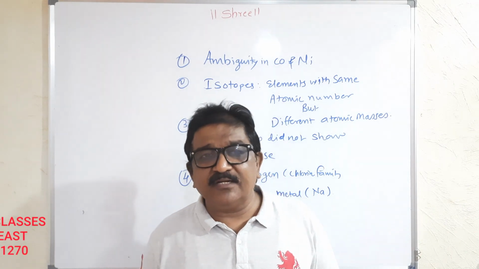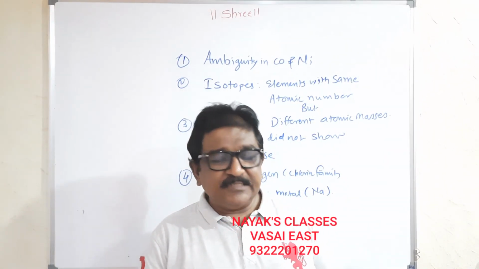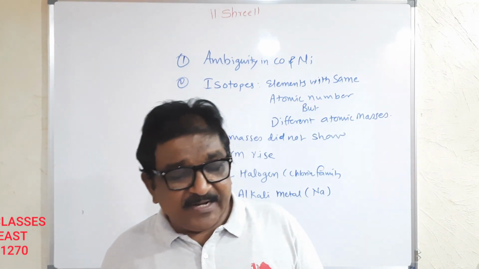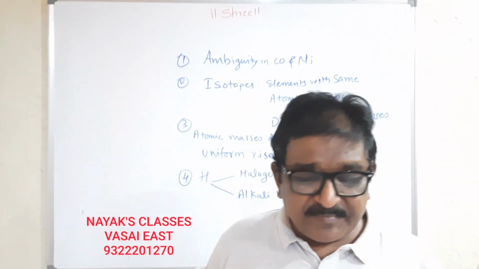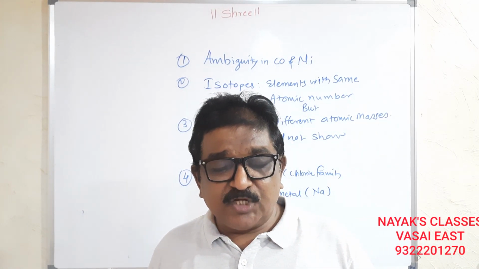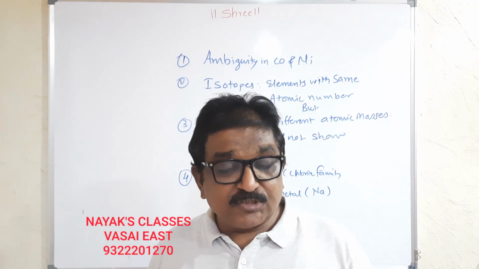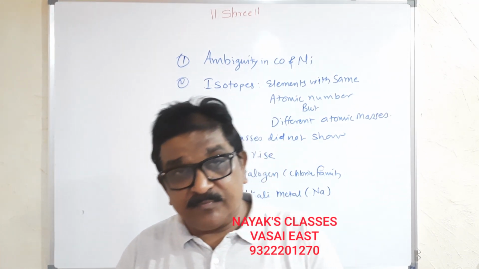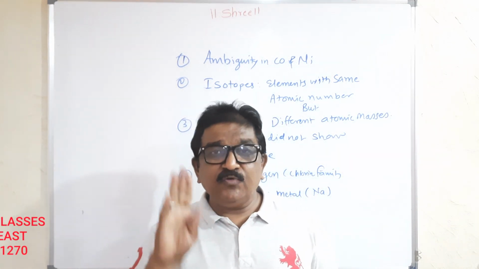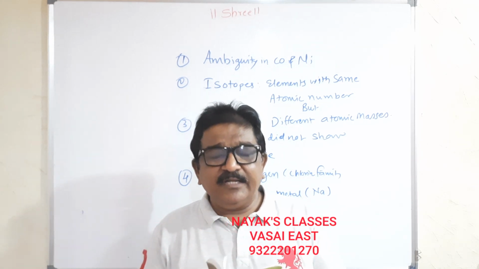Isotope explanation was not possible with Mendeleev's periodic law. That was the second drawback. Third is, when elements were arranged in increasing order of atomic masses, the rise in atomic mass does not appear to be uniform. So that was the third demerit.